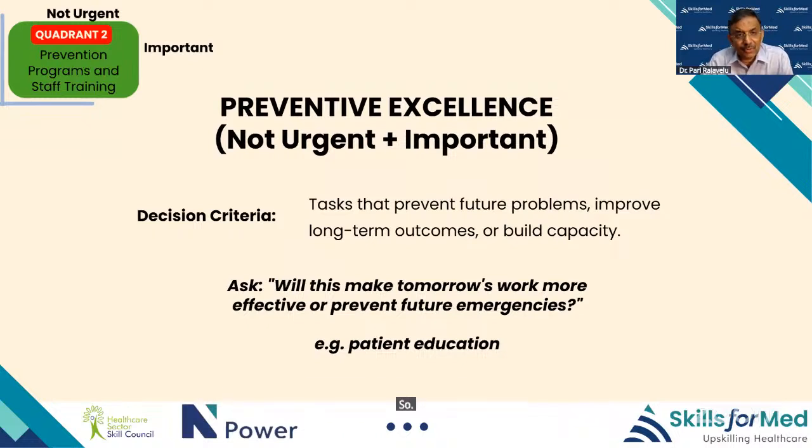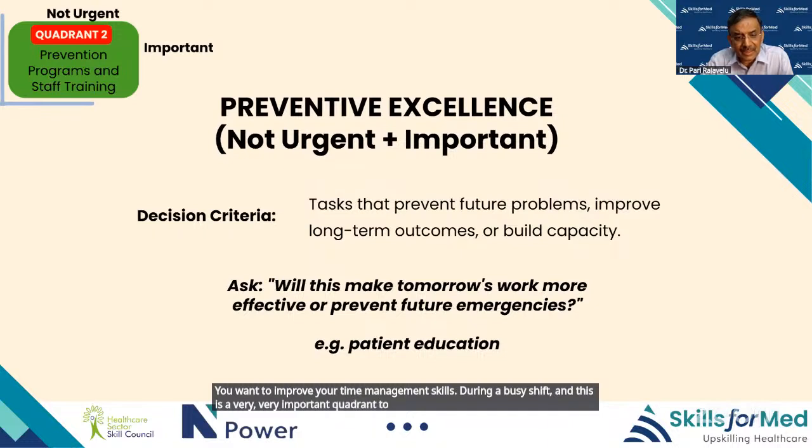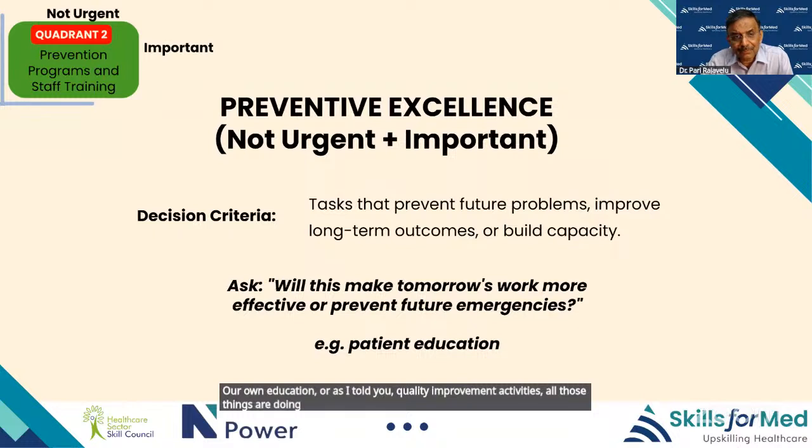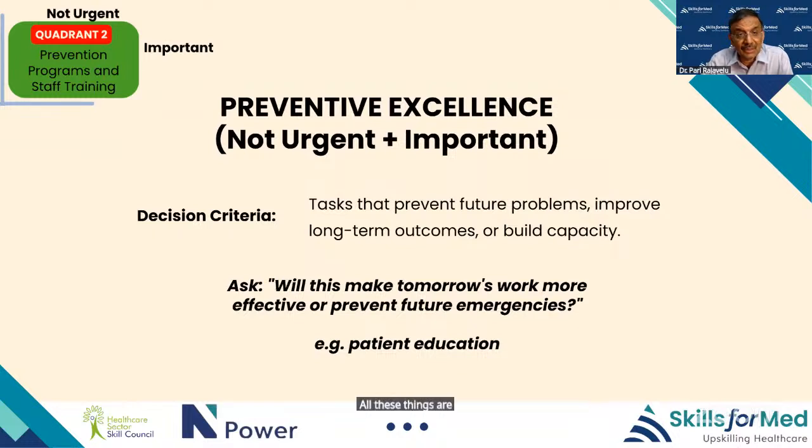Almost 200 of you have left your tasks and come here to listen to this because it is not urgent, but it is important. You want to improve your time management skills during a busy shift, and this is a very important quadrant to be in. Patient education, our own education, quality improvement activities, doing an audit, all these things are not urgent but important activities. Next slide, please.